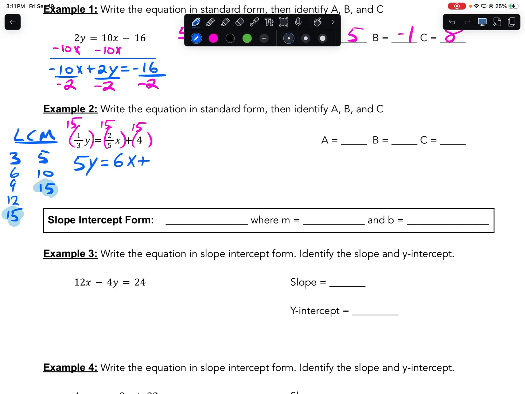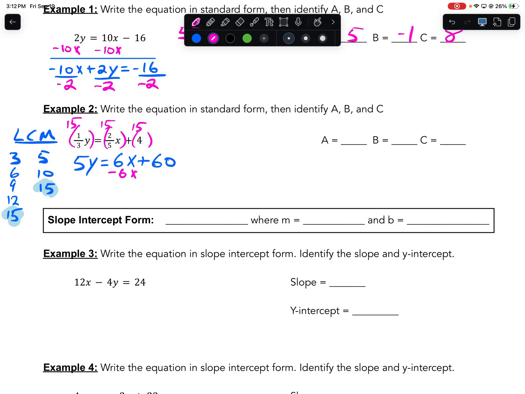What's 15 times 4? Greta. 60. Good job. Right, so what I think in my head when I'm doing 15 times 4, I think 10 times 4 is 40, 5 times 4 is 20, 40 plus 20 is 60. Okay? So you can do any of that. What do I need to do to get that x on the left side?